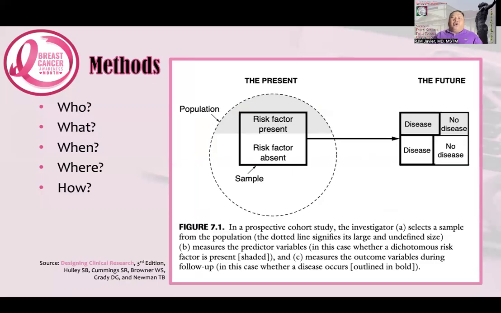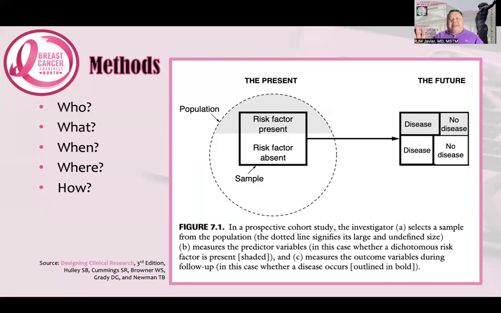Then we move to your concurrent cohort. Notice that in your concurrent cohort, the study subjects belong to only one population. Because they come from one population only, the study subjects will need to be comparable to each other, meaning to say they will be identical in all qualities. The social demographic profile will be the same for all qualities except for the presence or absence of the risk factor.